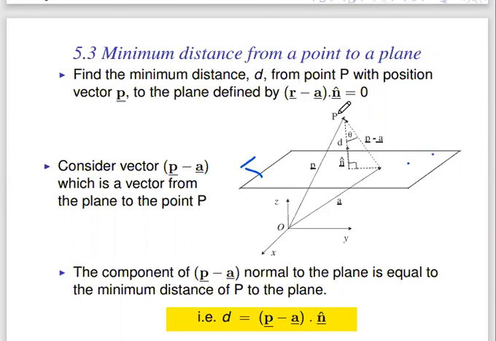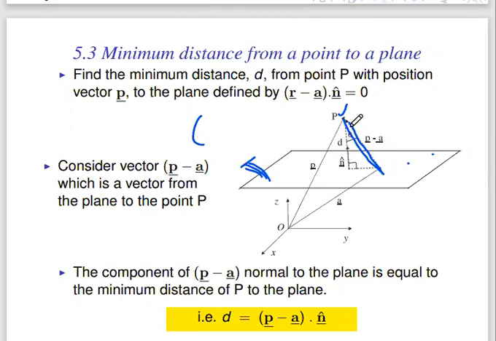Now this is given, right? Then you can find this vector very easily. And because you know the equation, you know this perpendicular vector to the plane: the coefficients of x, y, and z.